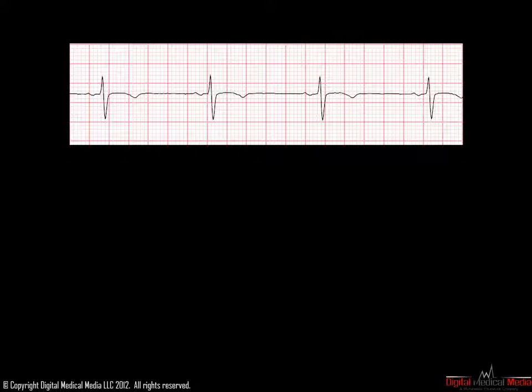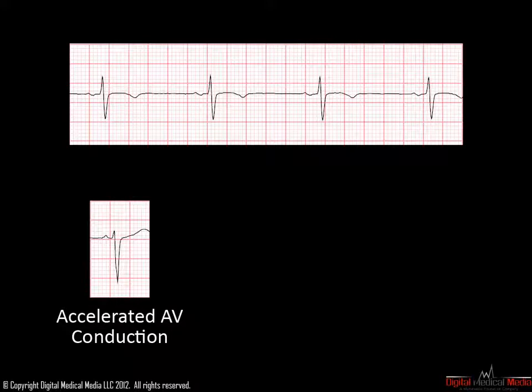There are 3 causes for a consistently short PR interval. These are accelerated AV conduction, which is manifested by a short PR interval with almost complete loss of the PR segment, but a normal beginning to the QRS complex in all 12 leads.